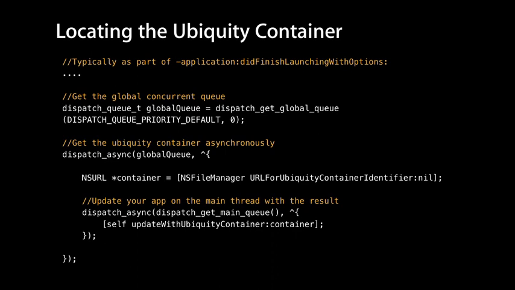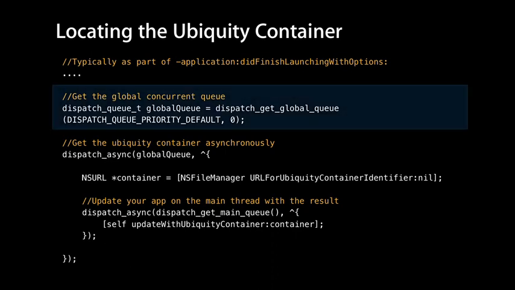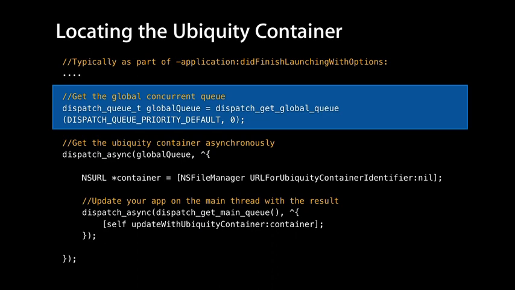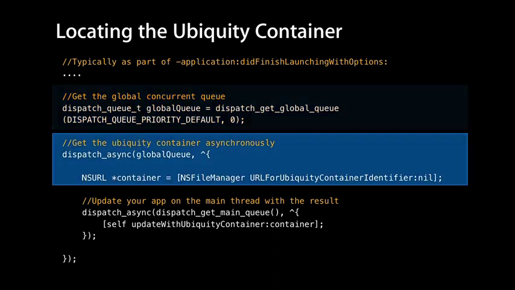In this case, we're taking advantage of Grand Central Dispatch to have our calls to NSFileManager done asynchronously. So let's take a look. The first thing we want to do is get a reference to the default global queue. We do that simply by calling dispatch_get_global_queue and passing in the dispatch queue priority default.